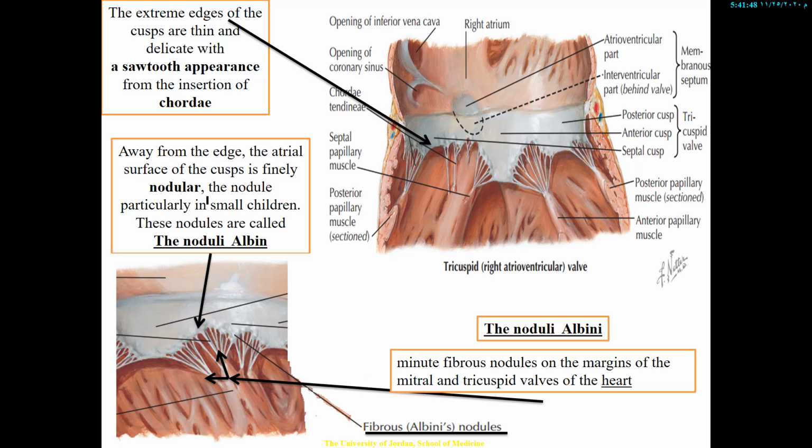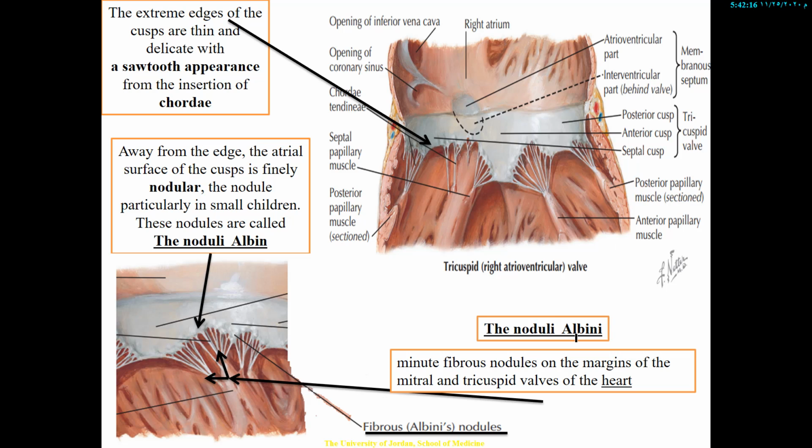The nodules are particularly small in children. These nodules are called the noduli albini, and they are used to tightly close off the cusps upon each other to prevent backward flow.